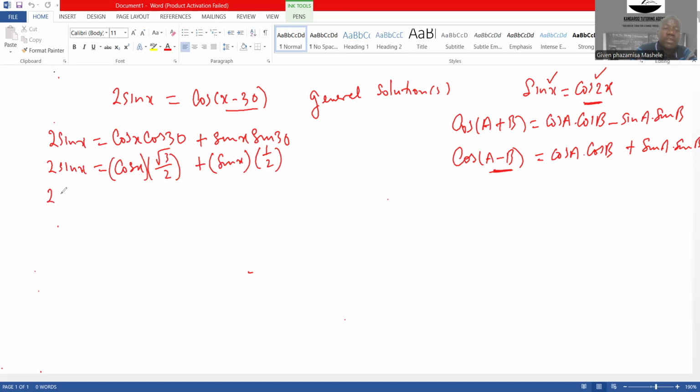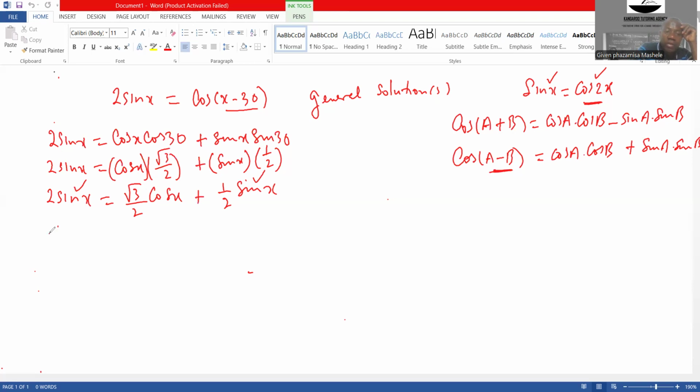If we simplify this, this will give us 2 sine x equals root 3 over 2 cos x plus half sine x. But when we check, here we have sine x, and there we have half sine x. You see, these are like terms, so we can group them together.